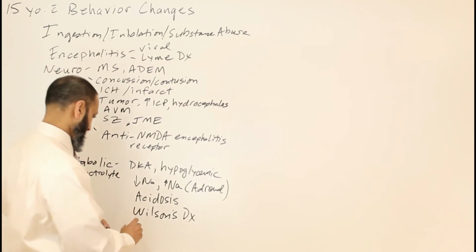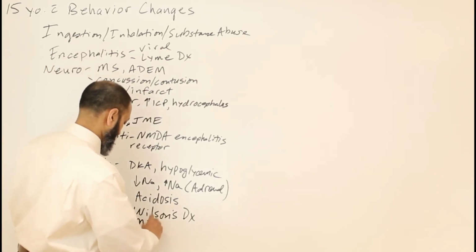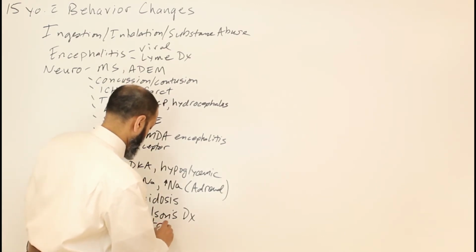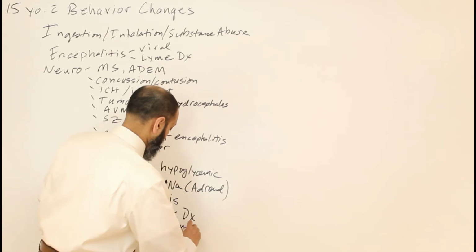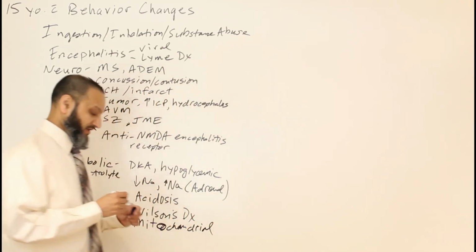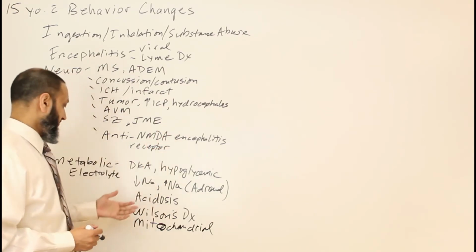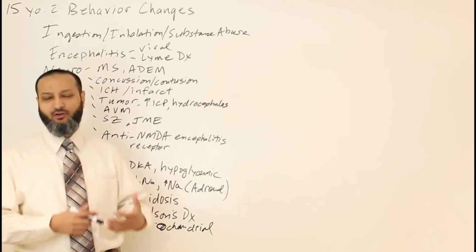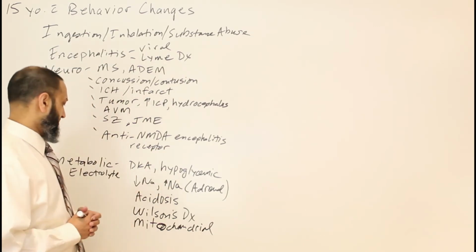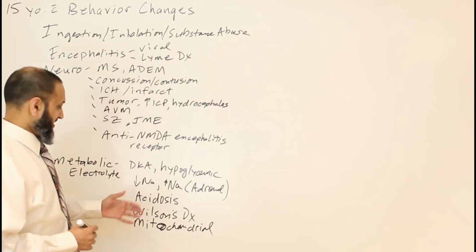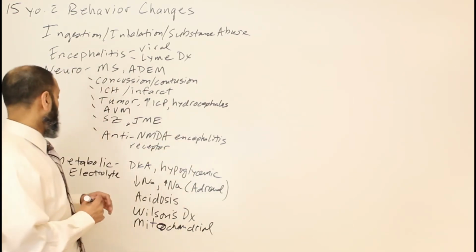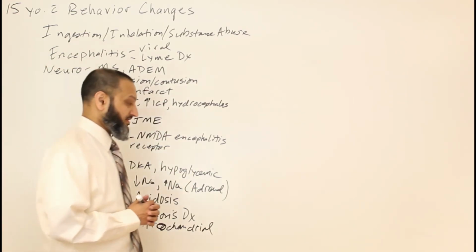And then another entity to consider would be some sort of mitochondrial issue, so mitochondrial defects, which can also give you behavioral changes. So I think these are another couple of things to consider, metabolic or inborn errors or different electrolyte issues that can give you behavior changes. So this is something to consider on the differential here.